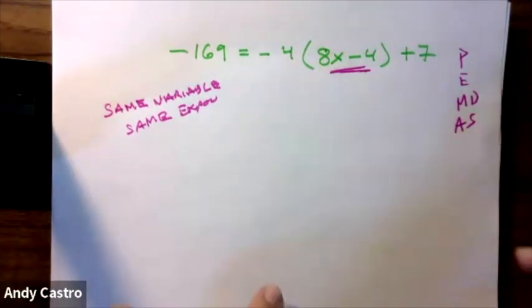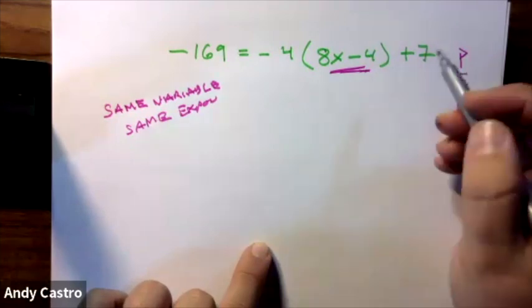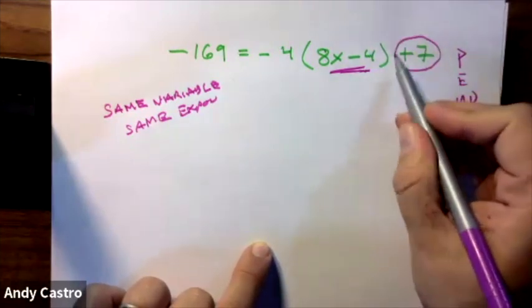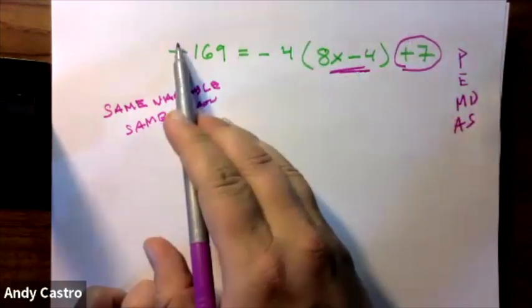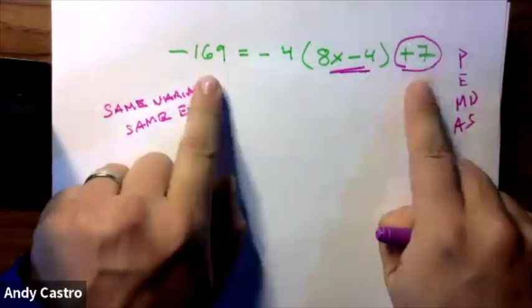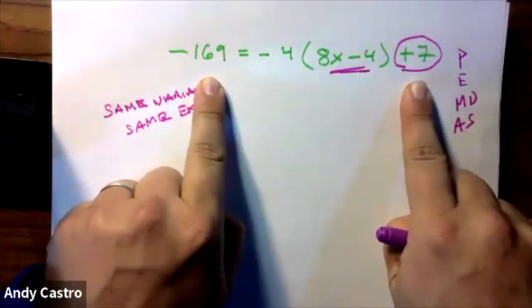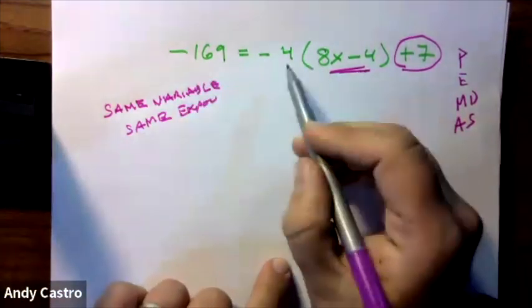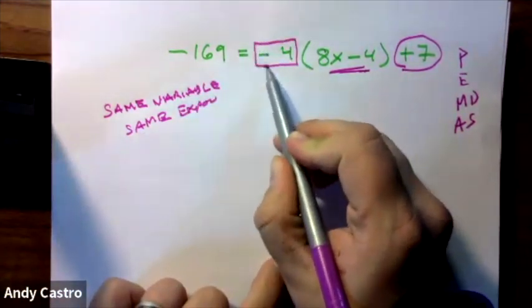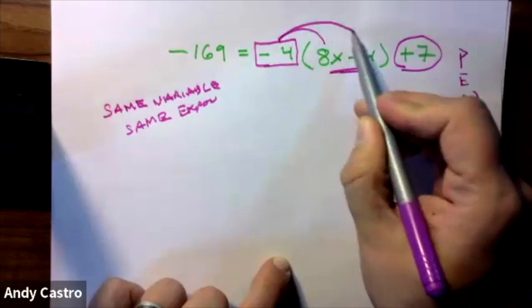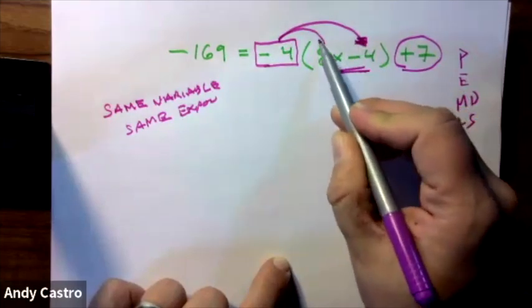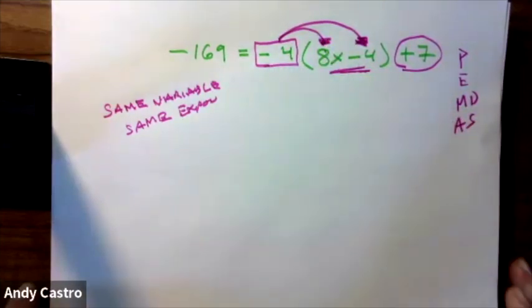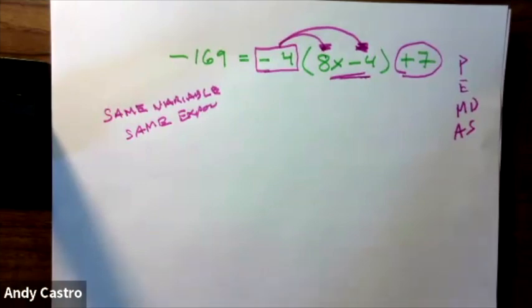So what do we do? Well, there's a couple of things that we could actually do. We are adding a 7, so we could subtract that 7 on both sides. The other thing that we can do is distribute the negative 4 into the problem. Either one of those is acceptable.